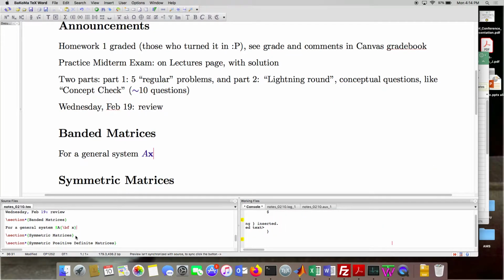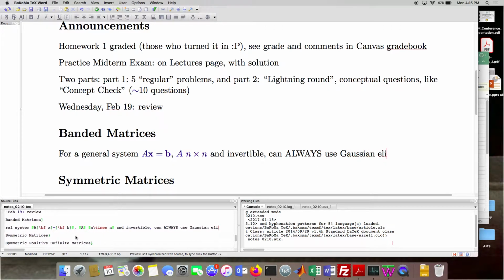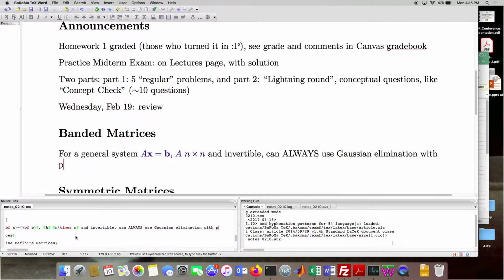We've been dealing with a general system of equations, where A is n by n. So you always have the option of using Gauss elimination with pivoting. So that's the LU decomposition.